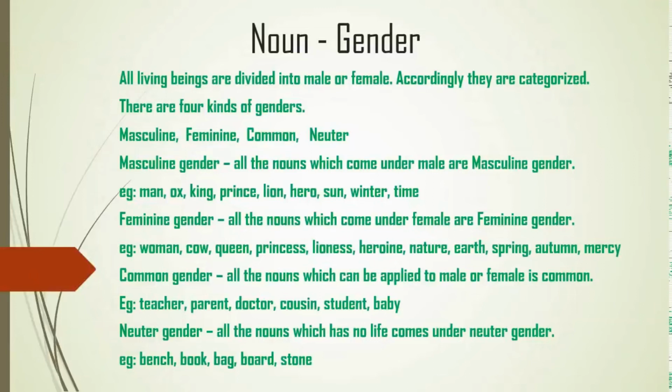Now, neuter gender. All the nouns which have no life come under neuter gender. So let's see the examples. Bench, book, bag, board, stone, which have no life, are called neuter gender. You can just open your eyes, see in front of you, and find out which are the neuter gender.